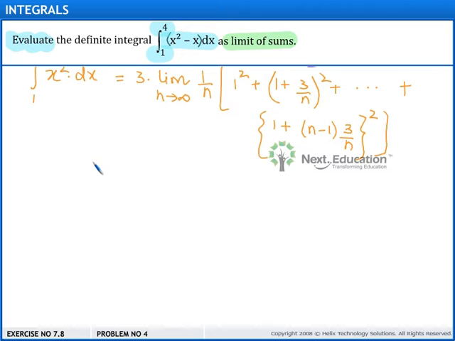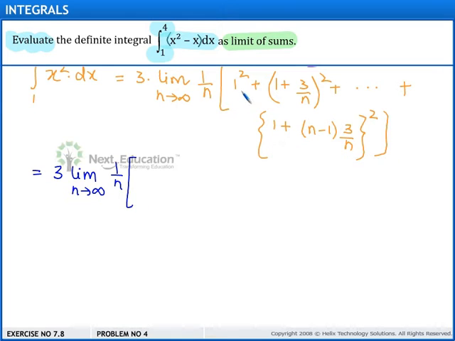So this is equal to 3 into the limit as n approaches infinity of 1 upon n. First we have 1 square, from here also we will get 1 square, from here also 1 square.